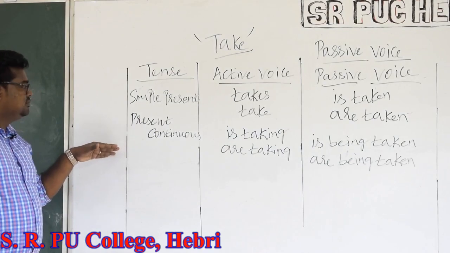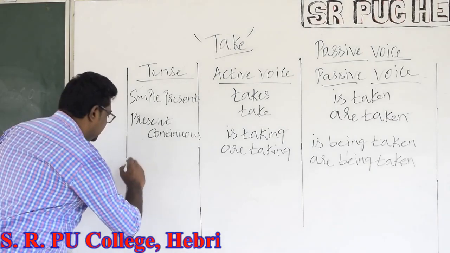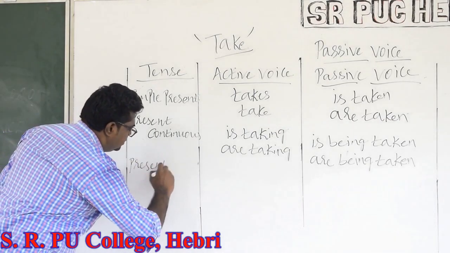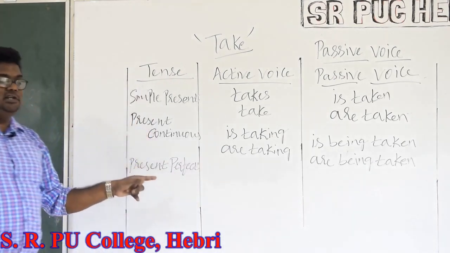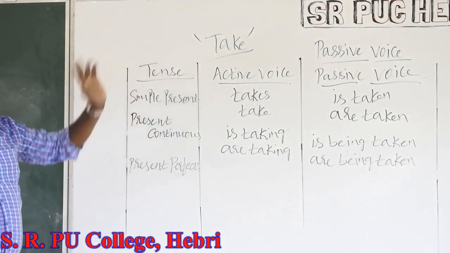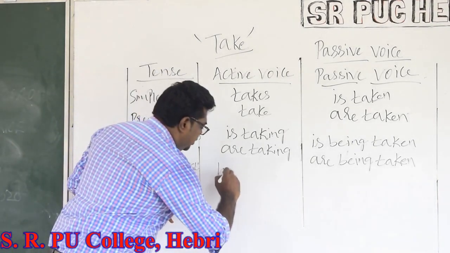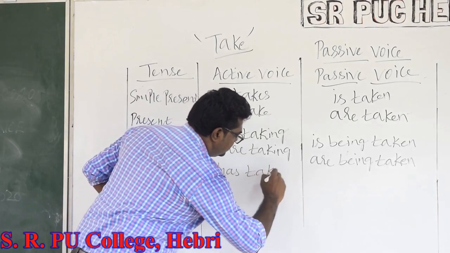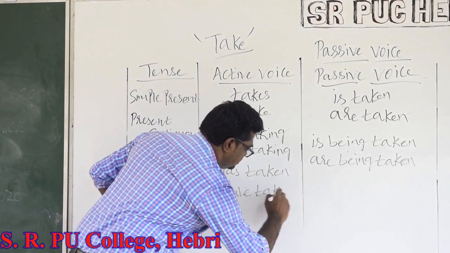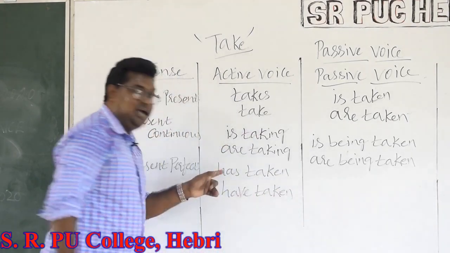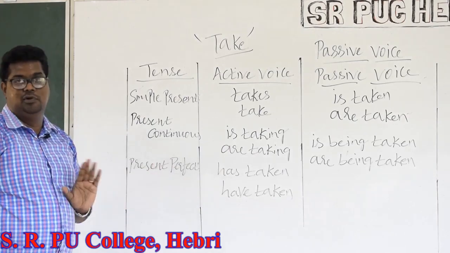Next, under present tense, is present perfect tense. Under present perfect tense, the word take, once again, has got 2 forms: has taken if the subject is singular, and have taken if the subject is plural.